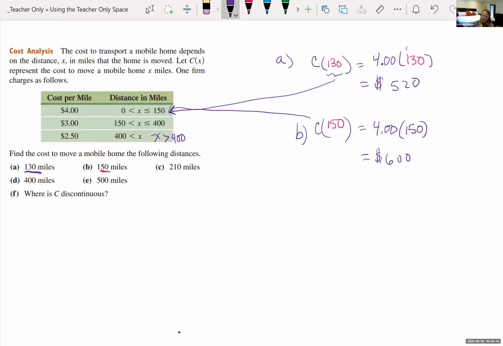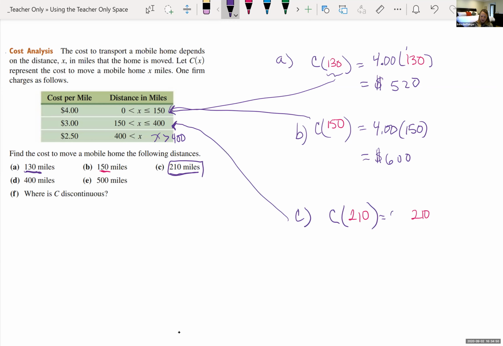So 110, not 110, 210. So if I look at C of 210, we need to figure out which piece applies. 210 is bigger than 150, and 210 falls between 150 and 400. So that tells me I need to use the cost of $3 per mile.